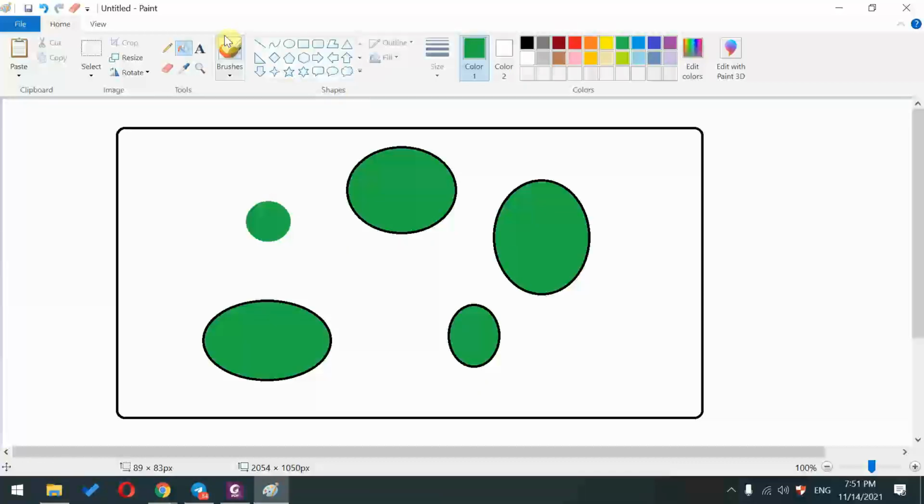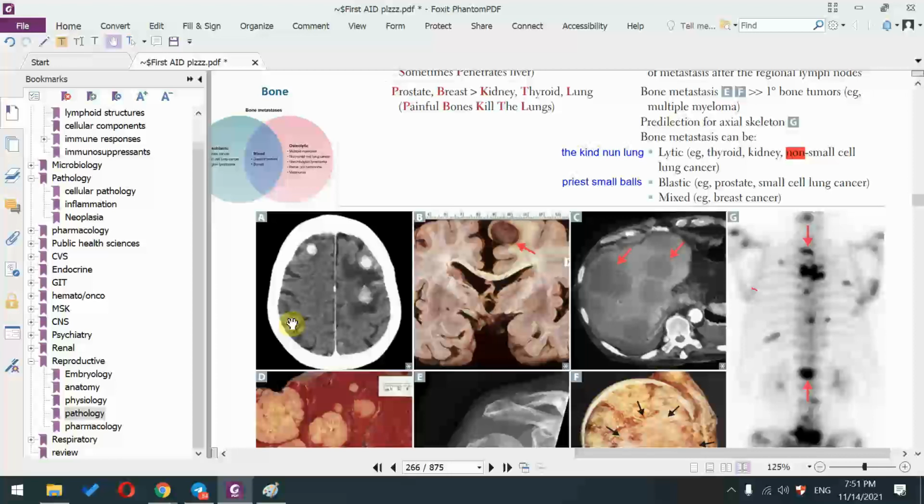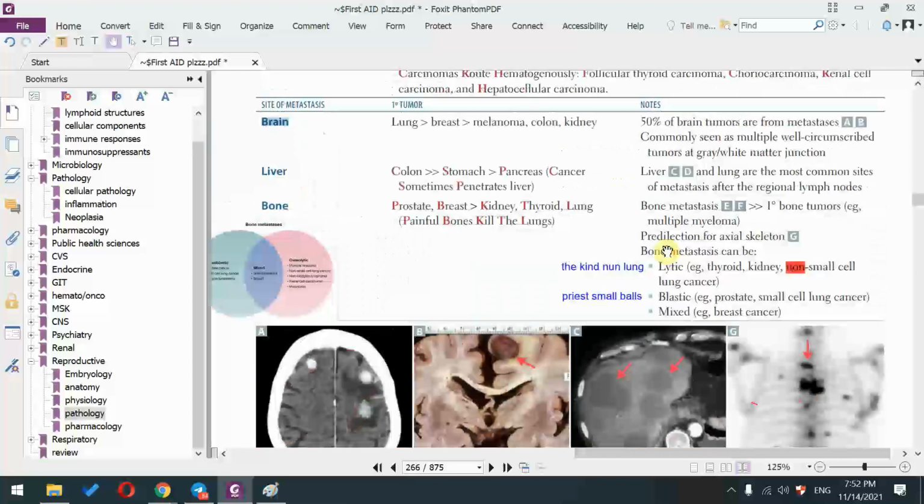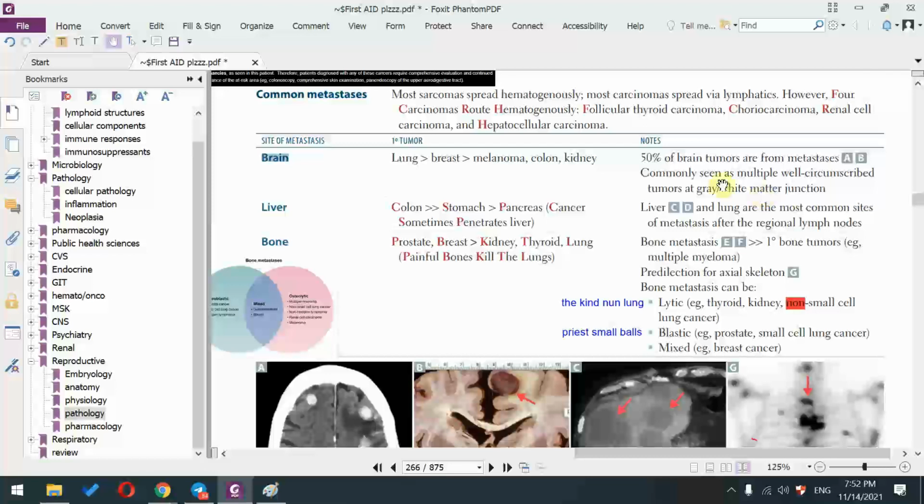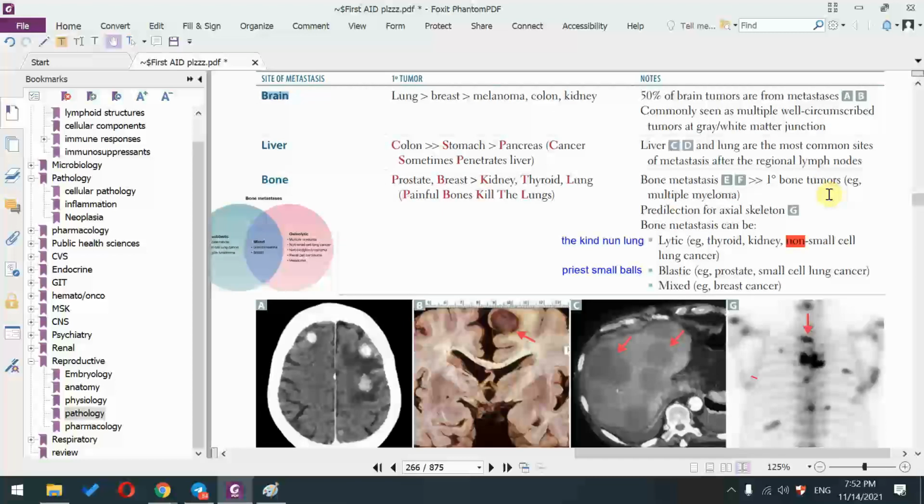If they are connected to each other, this is not a metastatic cancer. But if there are many foci not touching each other, that's highly likely a metastatic cancer. If you look at the brain and there are 3 foci not touching each other, that's metastatic cancer. Okay. So commonly seen as multiple well-circumscribed tumors at the gray-white junction. Why the gray-white junction? It's where the vessels go. Important thing we will speak about.